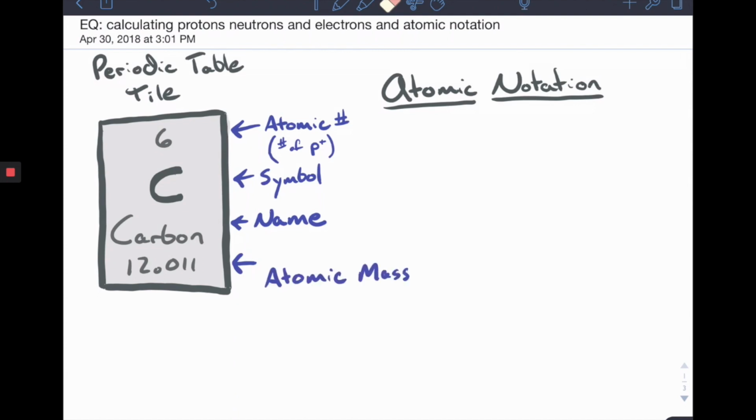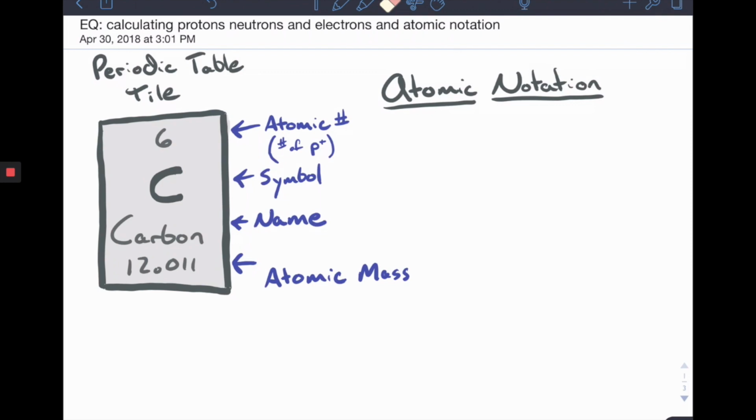But the question is, why is it always written with these weird decimal numbers after it? If it's just supposed to be the number of protons plus the number of neutrons, how can you get fractions of a proton and fractions of a neutron? The answer is you can't, but as we learned in a previous video, there are things called isotopes, so some atoms of an element might have an extra neutron or 2, and this changes the mass.